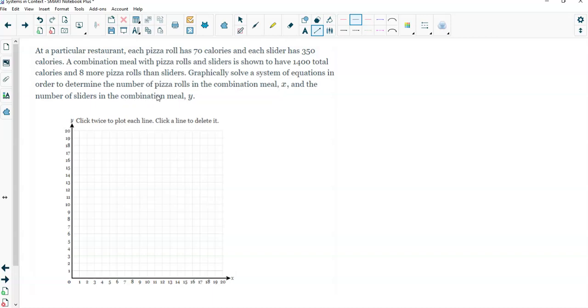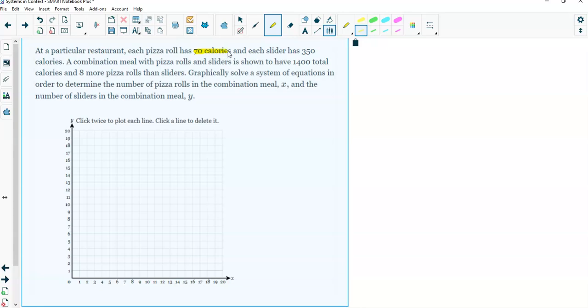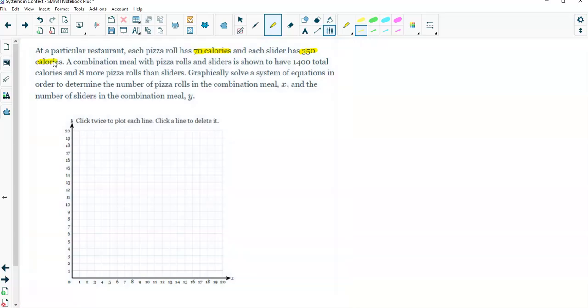Okay, so I'm going to start with my own variables and then I'm going to switch them. All right, so here we are. We're talking about calories, so let's look at this. 70 calories, 350 calories, and 1,400 total calories.